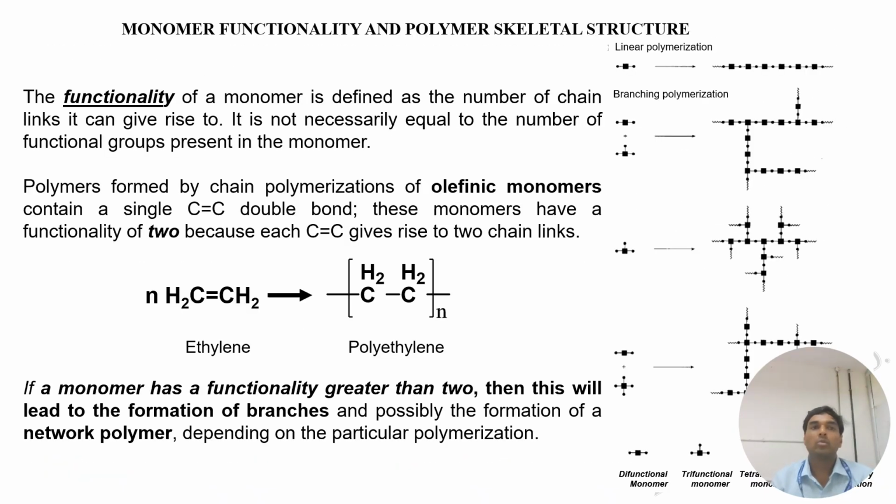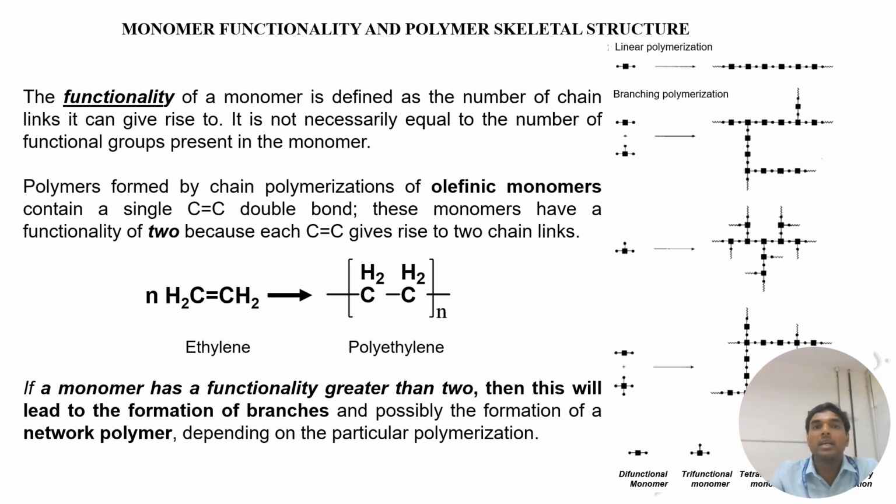How does functionality matter? In the case of ethylene, the double bond is used as a connecting ligand, right? So ethylene to polyethylene. If the monomer has functionality more than two, this can lead to different branches, or it can be a network polymer.